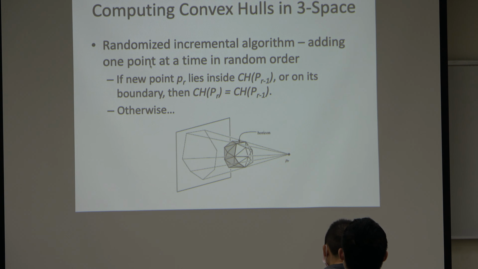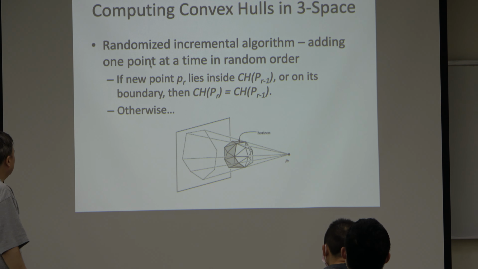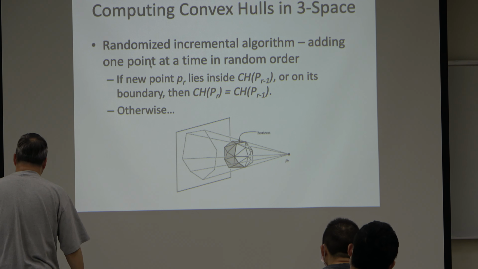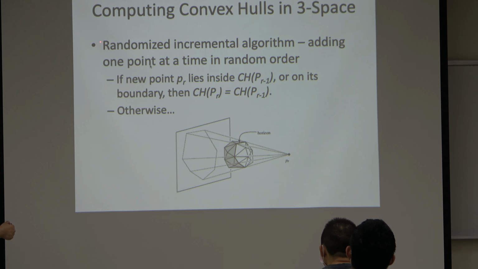And then, how do we create a convex polytope? So here is an interesting idea. In this chapter, we are going to talk about an algorithm. This is, again, a randomized incremental algorithm.